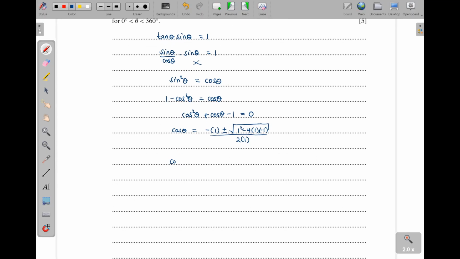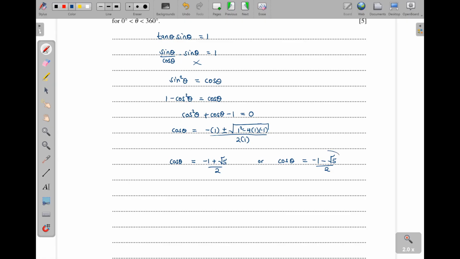So cosine of theta can either be negative 1 plus, this will be of course a positive, 4 plus 1, that will be 5, root of 5, over 2, or cosine of theta is going to be equal to negative 1 minus root of 5 over 2.